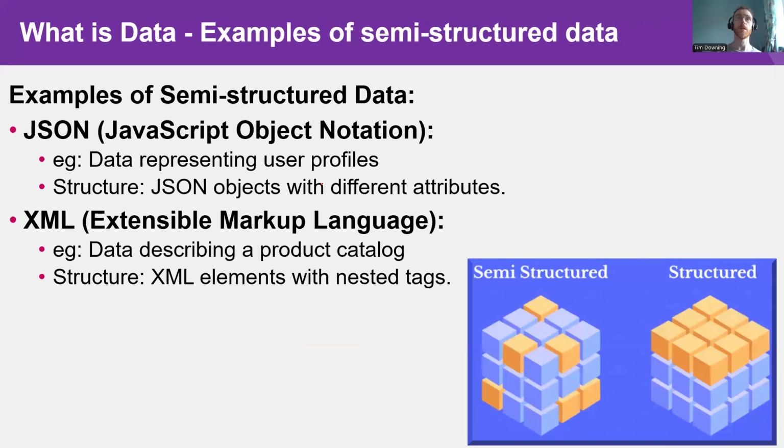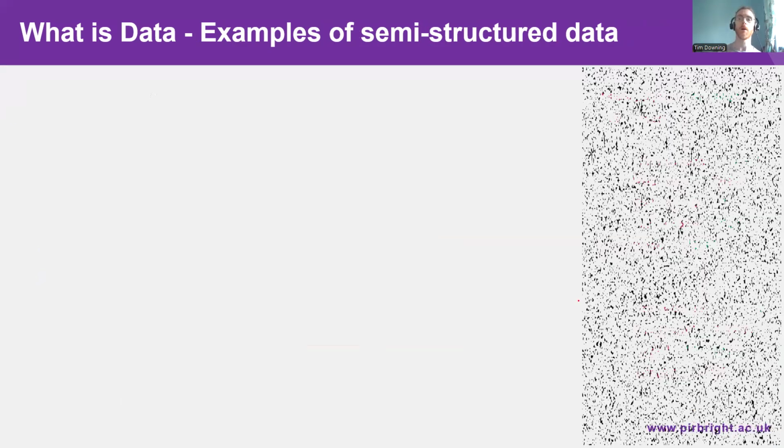Semi-structured data may be stored in different file formats. JSON files will be one example, and XML files will be another example, and those require particular approaches for interpreting that data. So you think of structured data as having a clear, predefined shape, where semi-structured is an intermediate, where you might have examples.